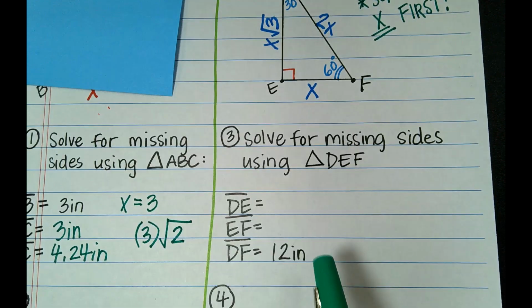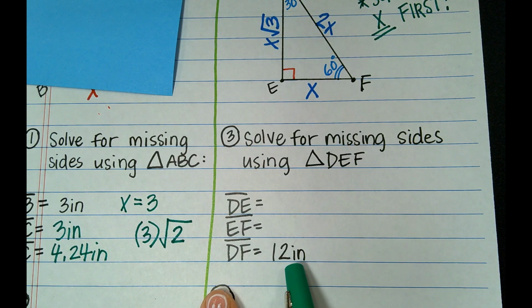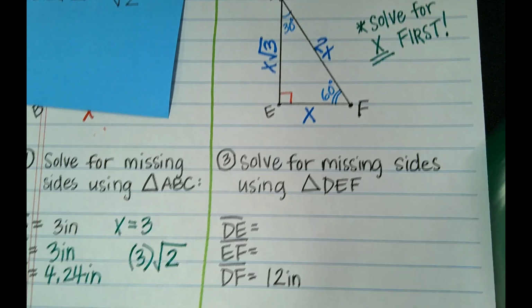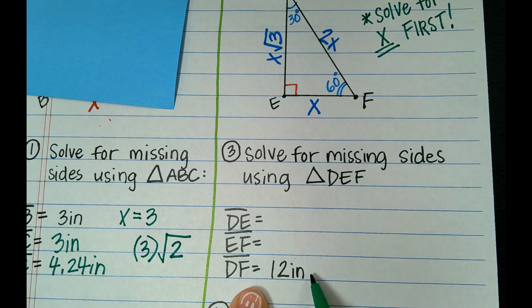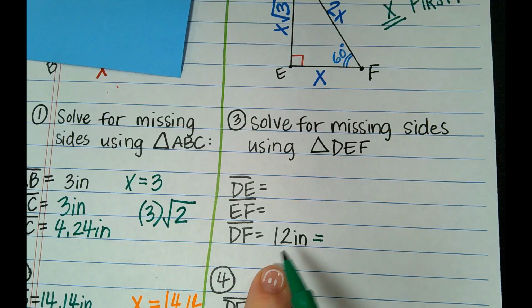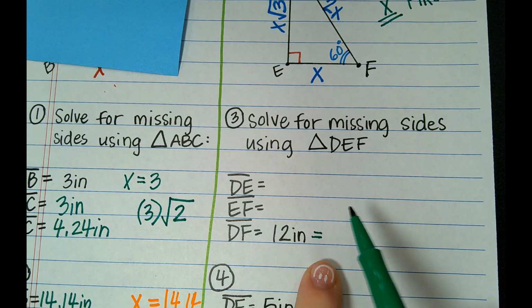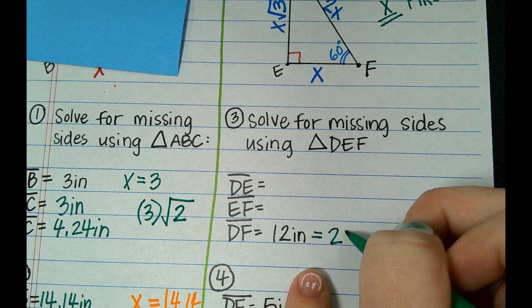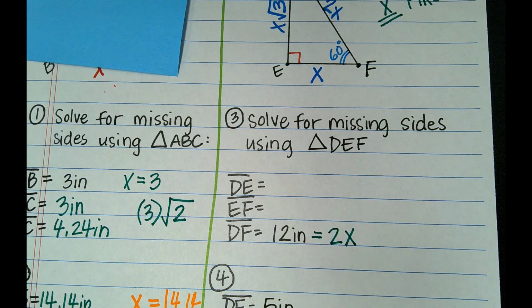Good. So I know DF is 12 and I know DF is 2x. So can I do this? Can I just write 12 inches equals 2x? Can I do that? What do we think? Yes or no?